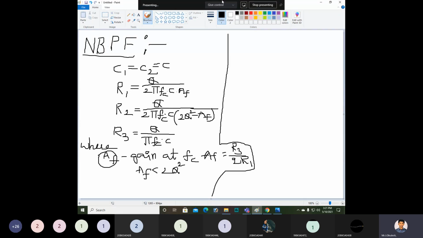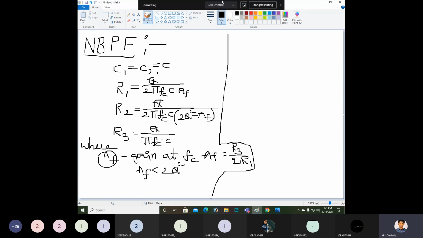You know that the bandwidth is defined as the difference between the upper cutoff frequency and the lower cutoff frequency. So here we are not changing the bandwidth, which means we are not changing the upper and lower cutoff frequencies.